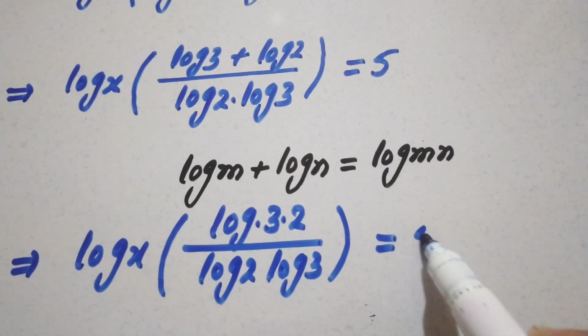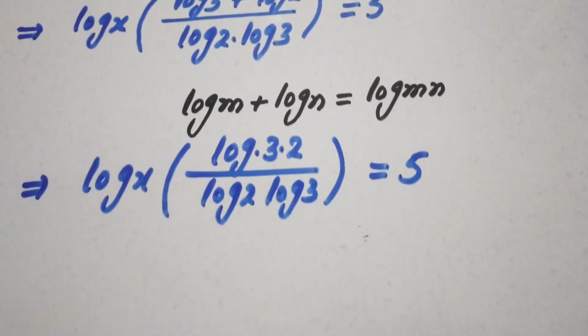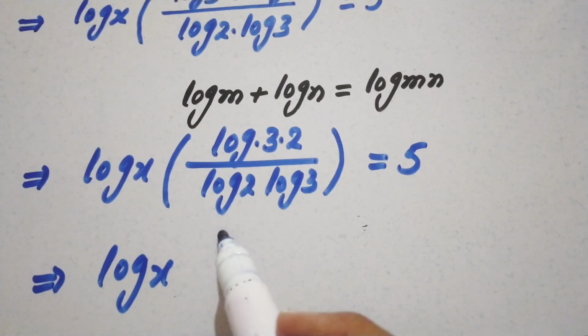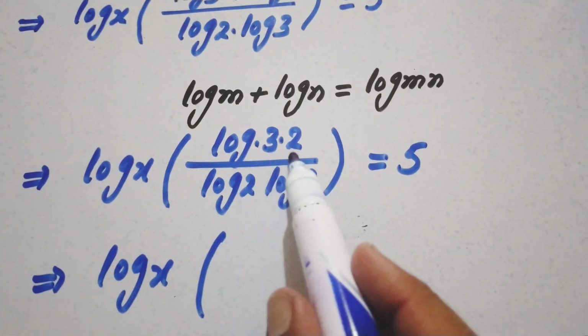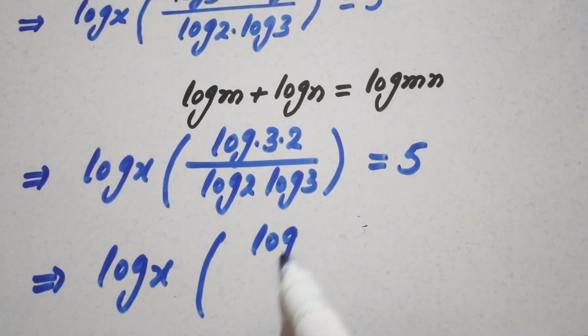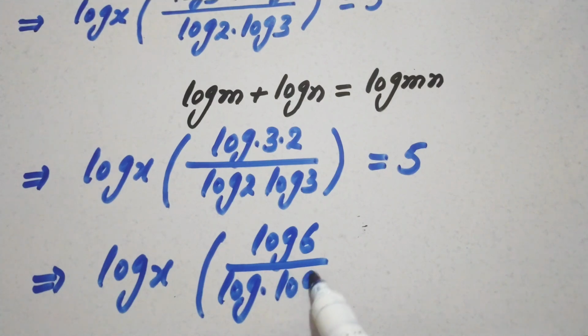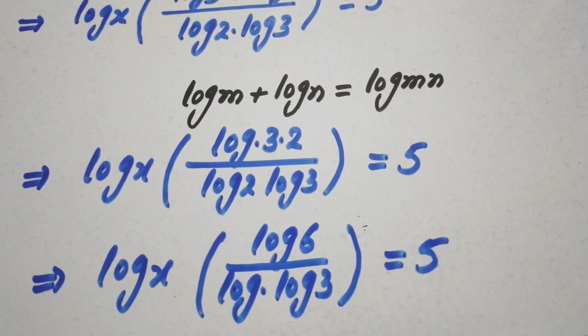This is equal to 5. Now log of x into log of 3 multiplied by 2, which is 6, divided by log of 2 into log of 3 is equal to 5.